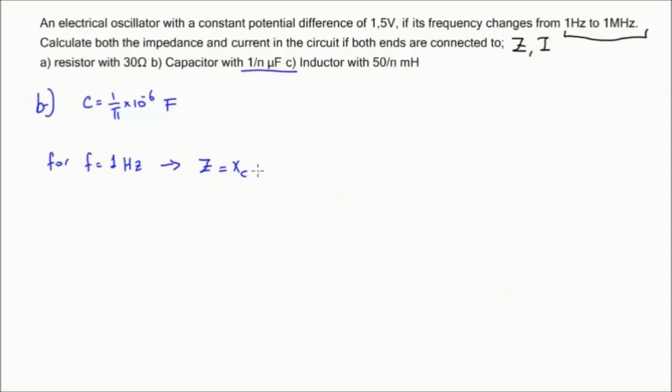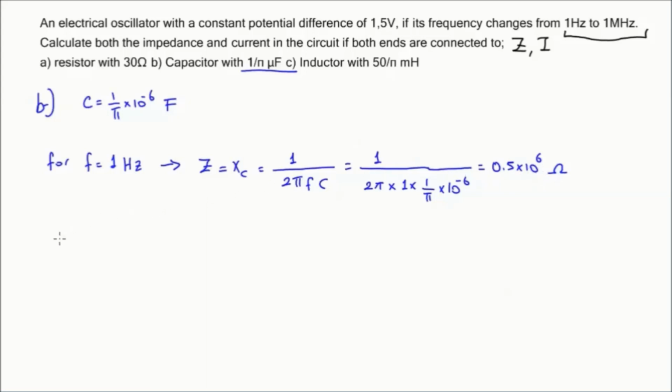So Z equals XC, and XC equals 1 over 2πFC. And 1 over 2π times F is 1 times C is 1 over π times 10 to minus 6. It will be 0.5 times 10 to 6 ohm.